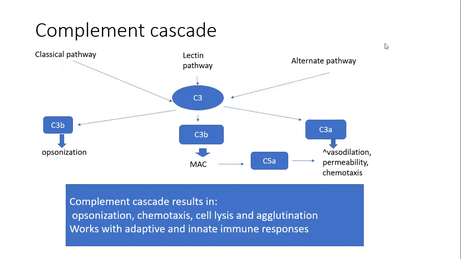But they all come together at C3, and then the different products of that reaction result in opsonization, the membrane attack complex, and the results of chemical signaling, which result in vasodilation, increased capillary permeability, and chemotaxis.